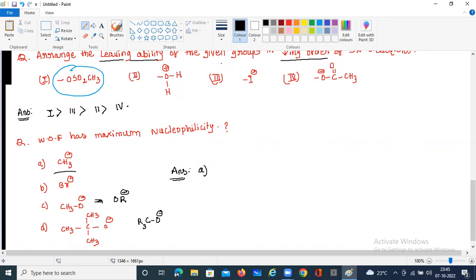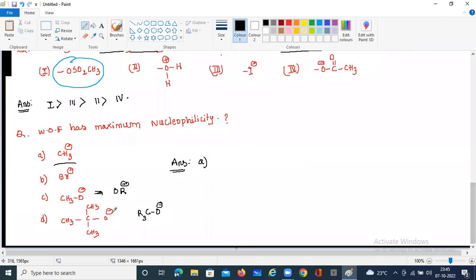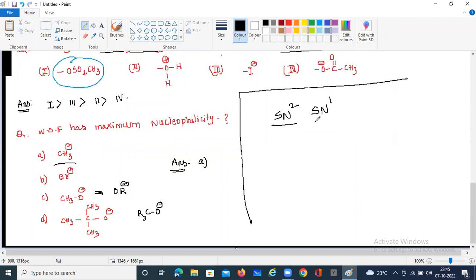In the next part we are going to learn the real topic, that means SN1 and SN2, where SN1 and SN2 are unimolecular and bimolecular. There is sp3 hybridization and sp2 hybridization.